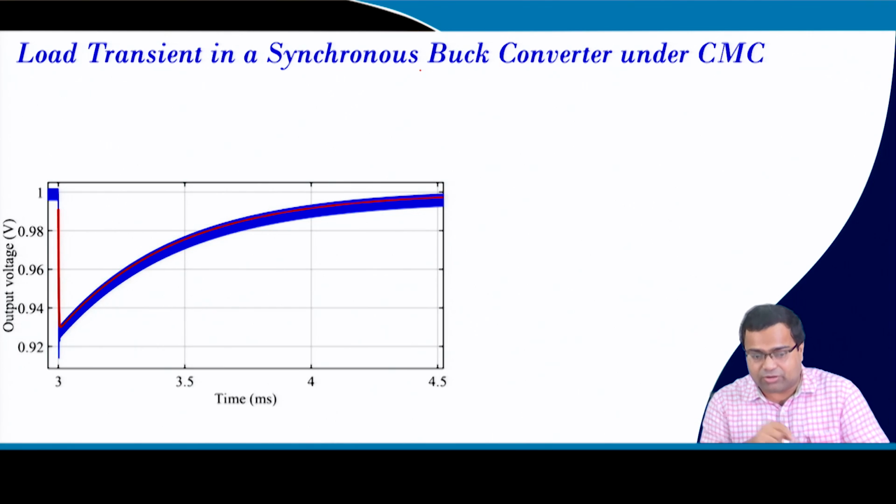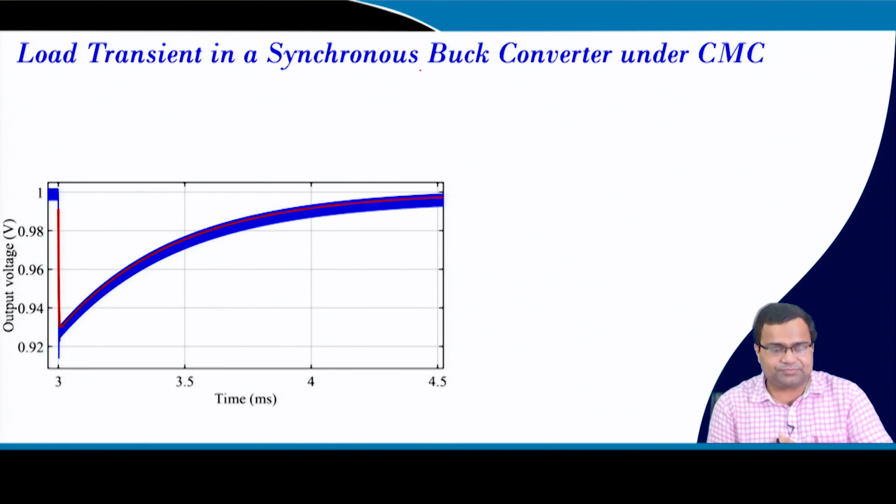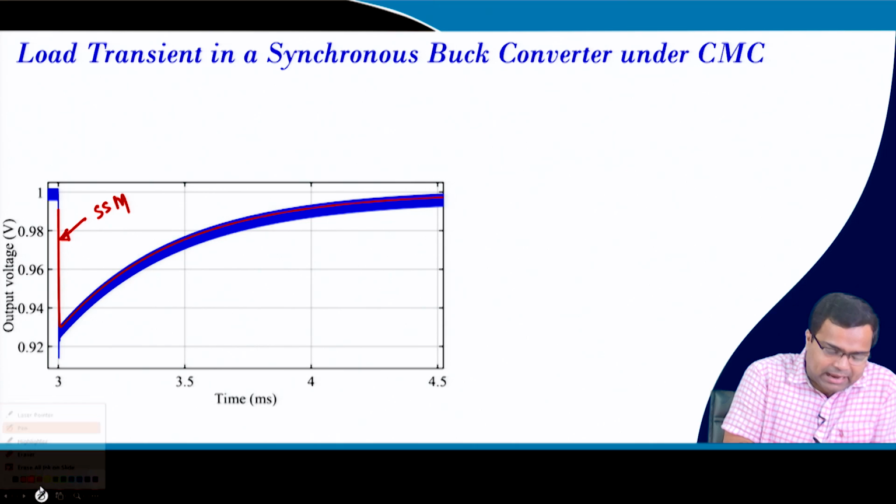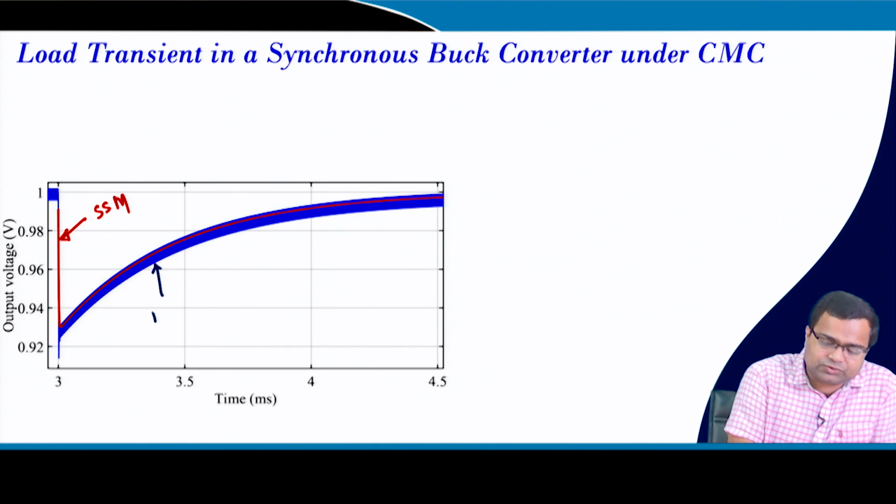Again we are talking about load transient response under current mode control, and you can see the red trace is coming from the small signal model, and the blue trace is coming from our switch simulation.